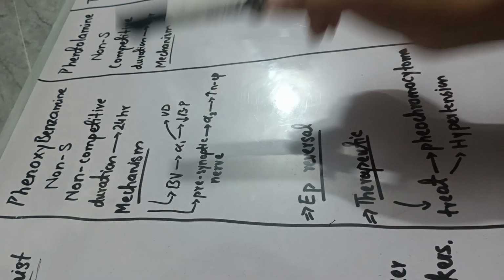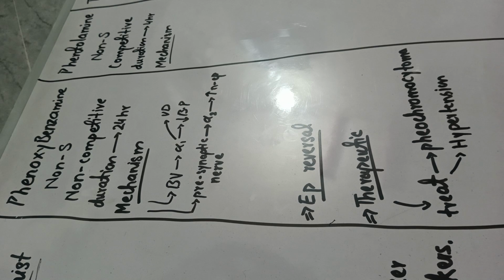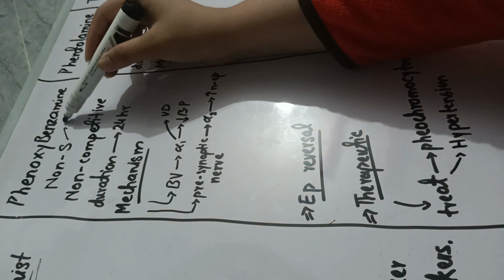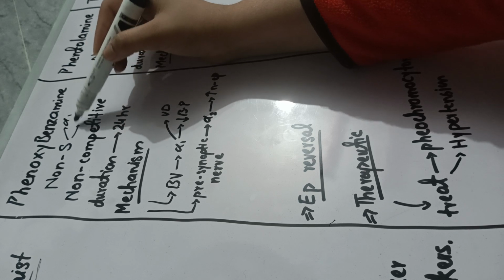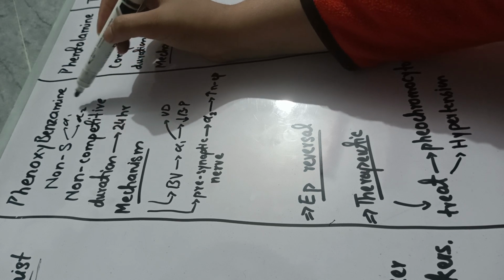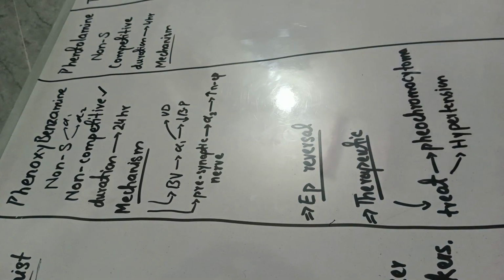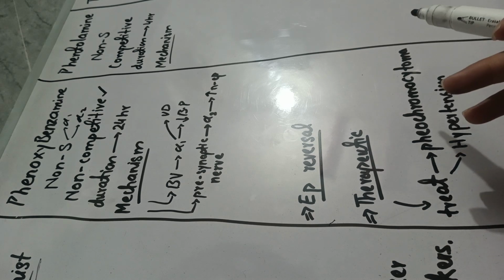So it is non-selective. Due to its non-specificity, it can bind with both the alpha 1 as well as the alpha 2 receptors. Now the other thing is that it is non-competitive. Always, the thing which is non-competitive means it is not going to fight. So how is a competitive drug going to fight?